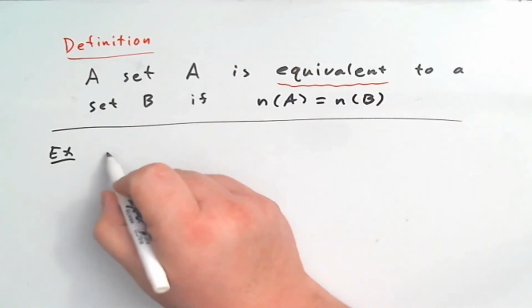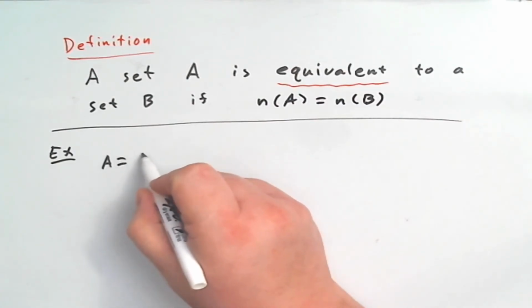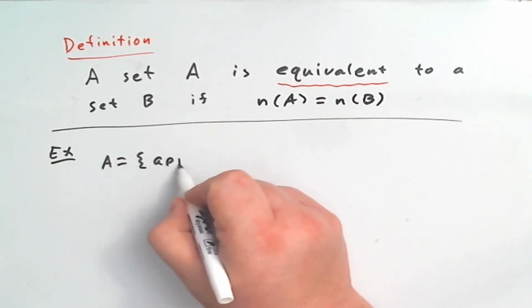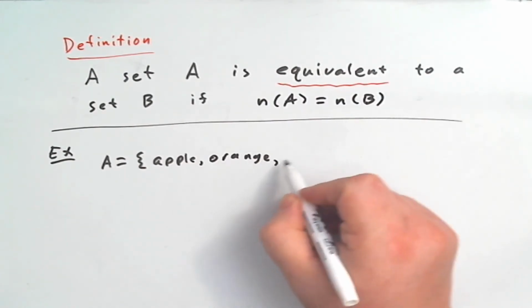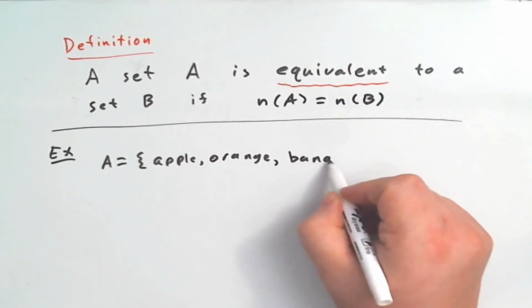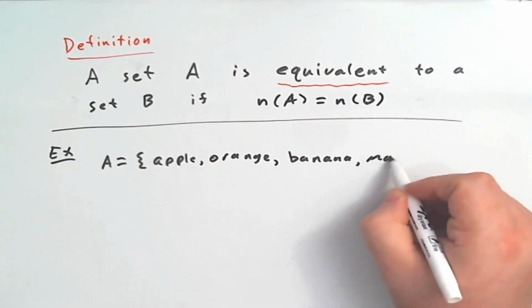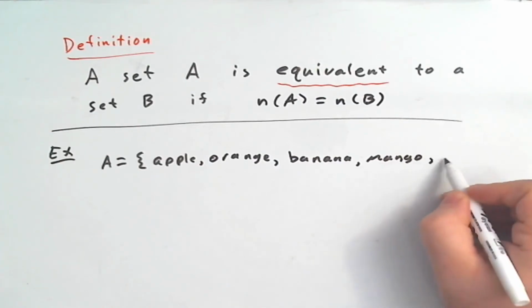Okay, so let's say we define A as the set apple, orange, banana, mango, and grape.